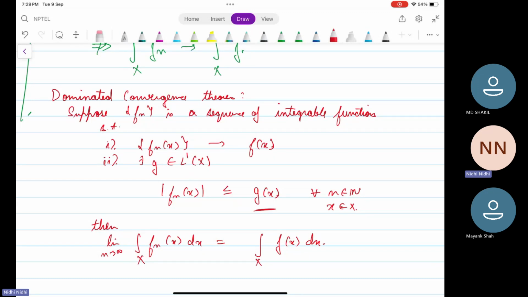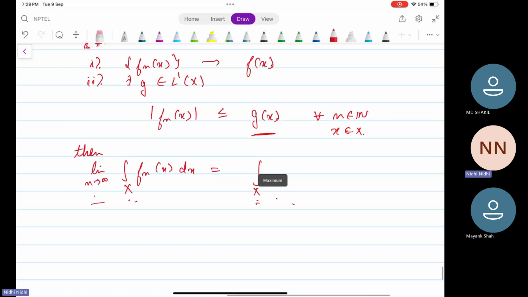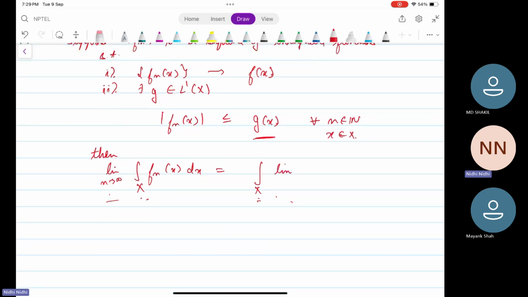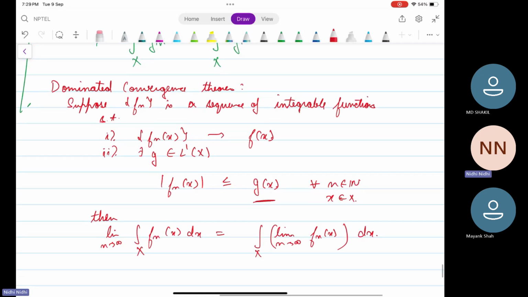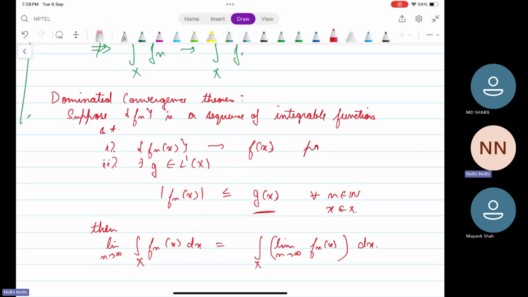We can directly interchange the limit and the integral. So we can interchange when we have uniform convergence, and also if we have some dominating function with pointwise convergence.